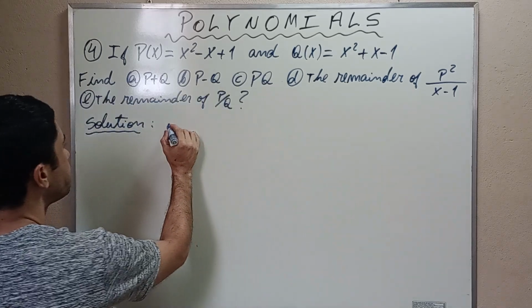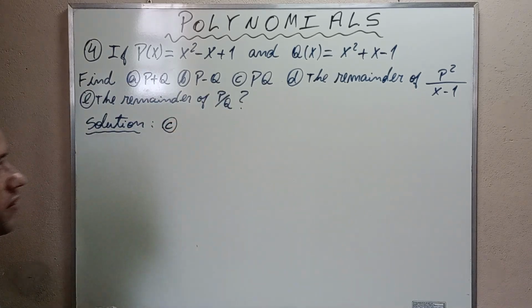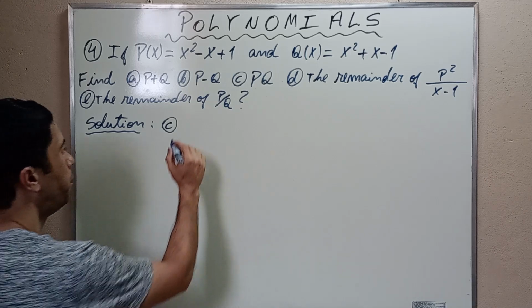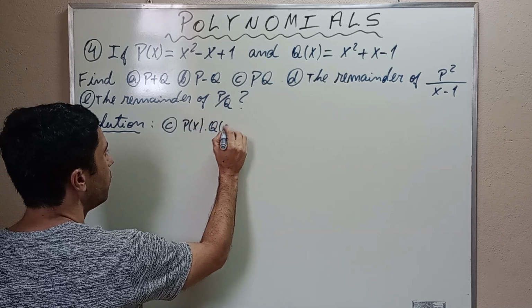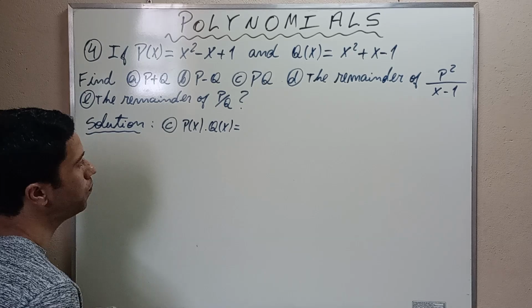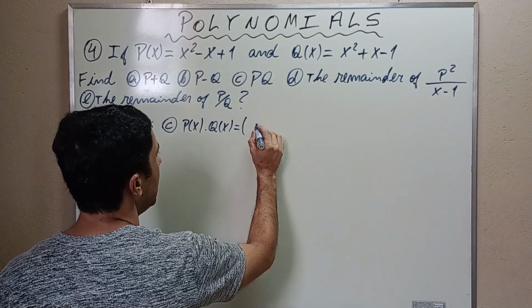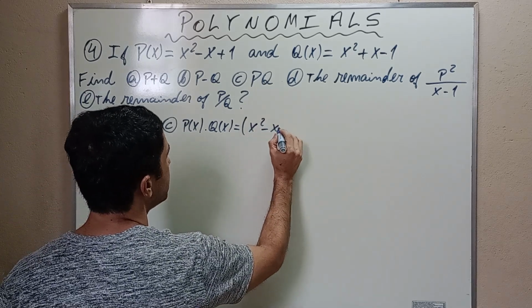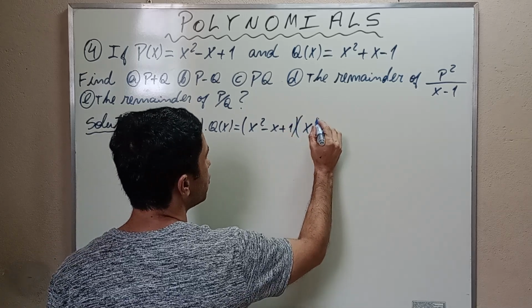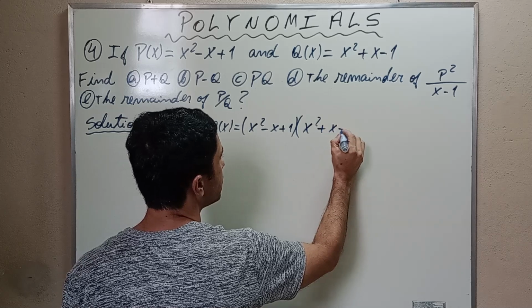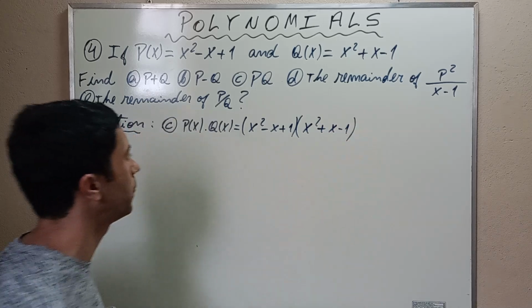Letter C. What does letter C want us to do? To multiply P with Q. P of x times Q of x is equal to x squared minus x plus 1 times x squared plus x minus 1, okay?